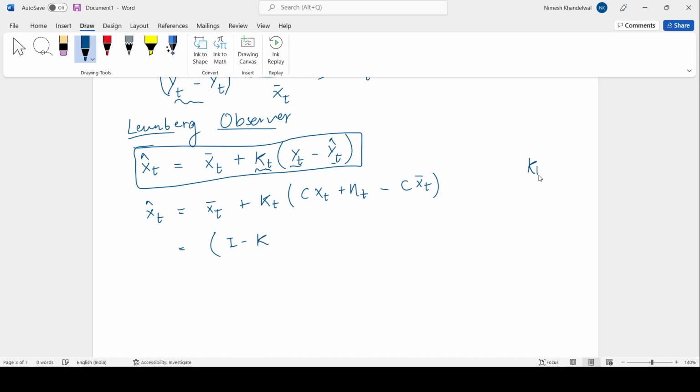I will write K_t as K, but you have to remember that this K is at a particular time step. This K will change. So we get x bar of t plus K C x of t minus x bar of t plus K eta t.